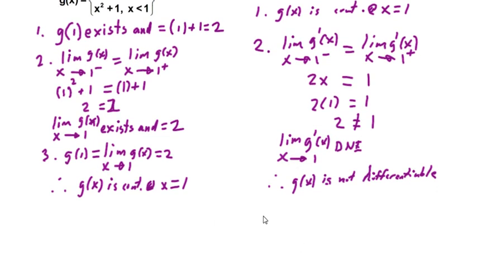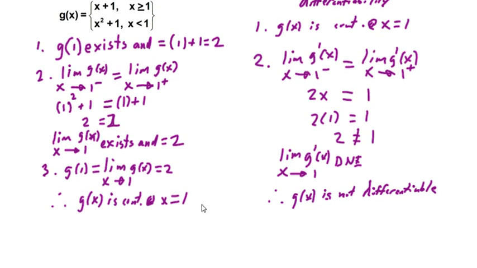And graphically, what the thing looks like is this: we have this piecewise function, and the critical value is x equals 1. And we know that at x equals 1, right here, the functions join up, because from the right side we have this x plus 1 that looks like this.